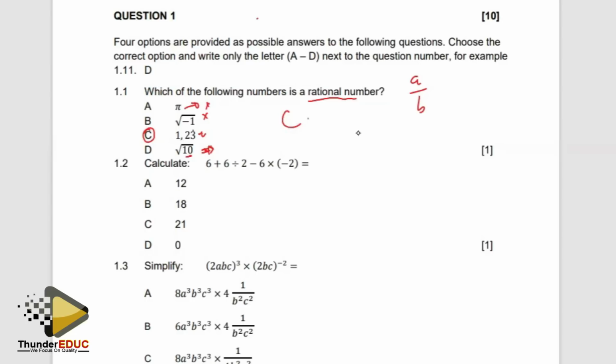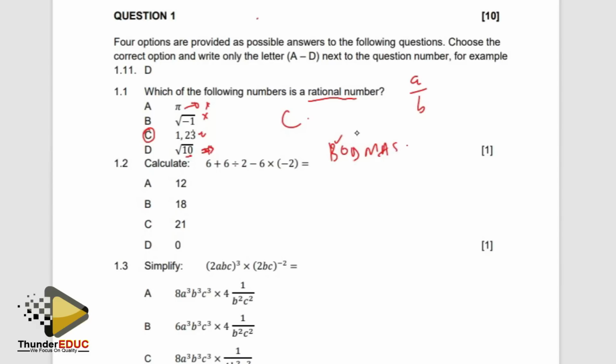Then 1.2, they want us to calculate 6 plus 6 divided by 2 minus 6 times negative 2. Since we have more than one operation, we need to apply BODMAS, whereby we take the priorities of each sign. Brackets take first priority.